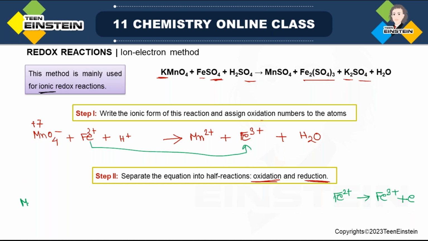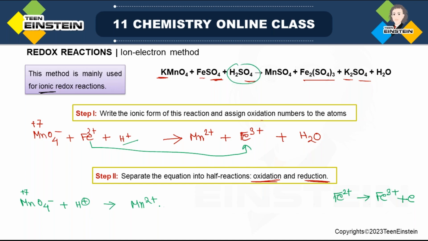Now the other part is MnO4⁻ with +7 oxidation state, in H⁺ medium, and Mn²⁺. Basically here, if you do not write H⁺ then also it is okay, because ultimately we know it is in acidic medium, so we can also make it up later.